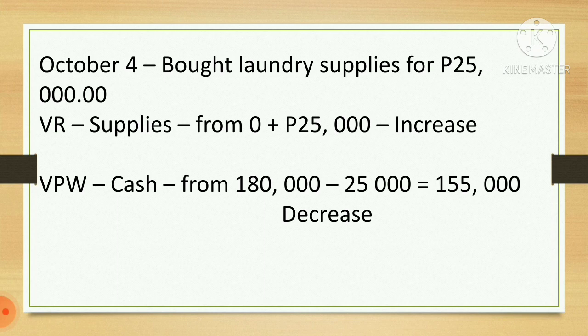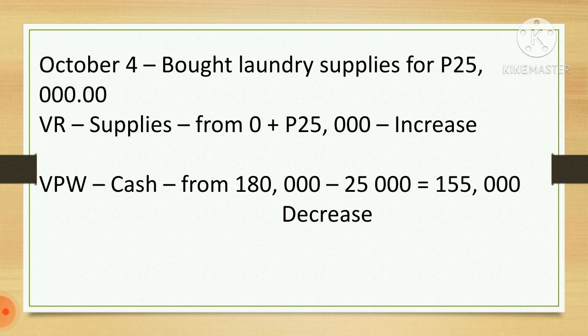Now, for value parted with, what the company has given up in order to receive the supplies? They have given up cash. How much? That's 25,000 pesos. Question: does the company already have cash? The answer is yes. When the owner invested cash to the business. How much was it? That was initially 180,000 pesos.